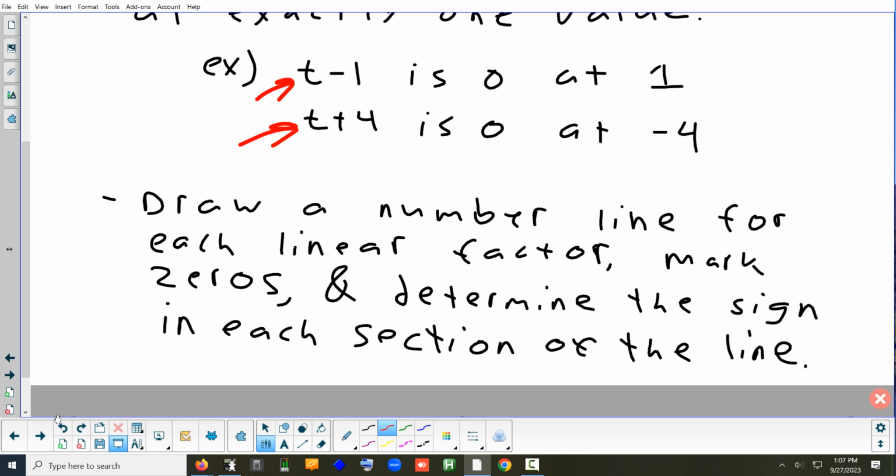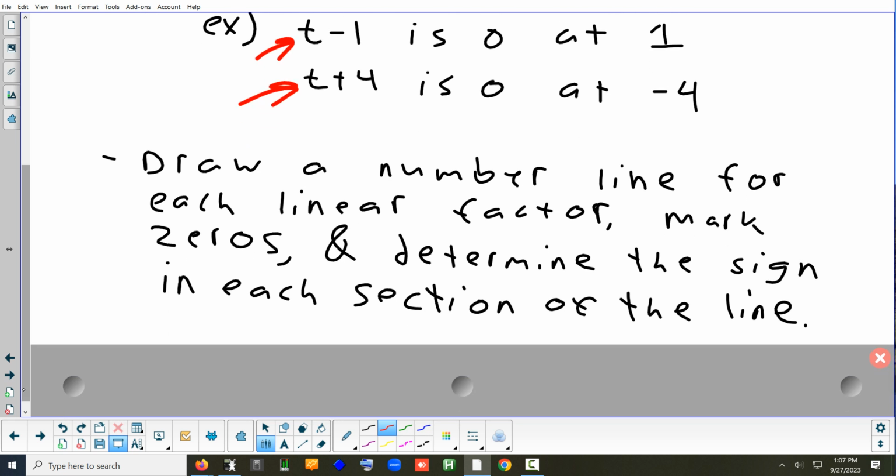You have to determine the sign in each section of the number line. And by sign, you have 2 choices, negative, positive. Instead of writing the word negative and the word positive each time, I'm probably just going to use these symbols to represent negative and positive.